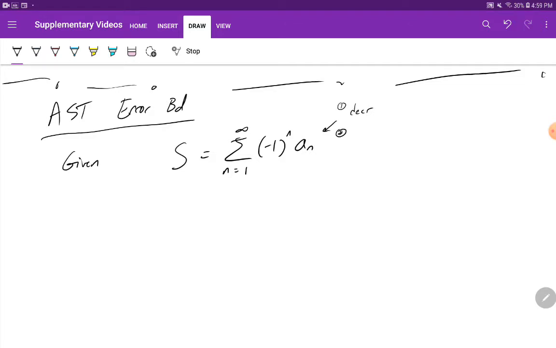Imagine you already did the AST on this, and this thing went to 0. If those two things are true, you know this thing converges to some value. The error bound says if that's the case, then this is true.